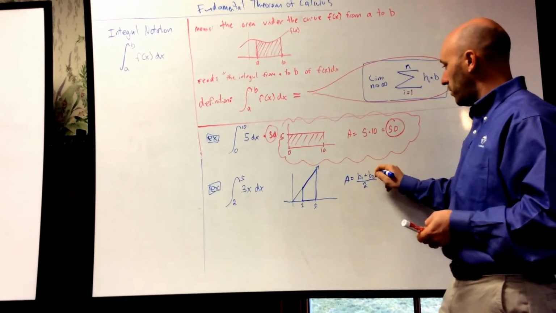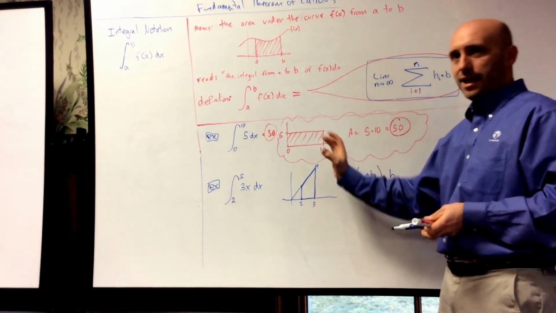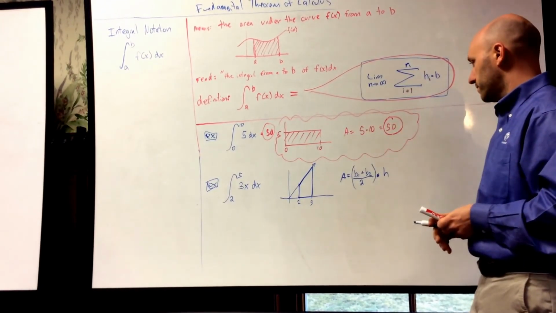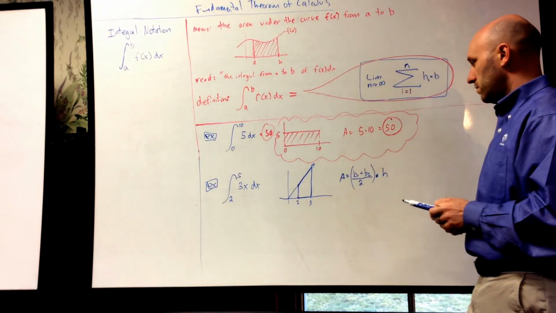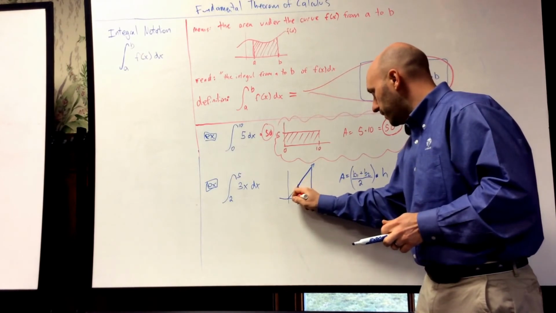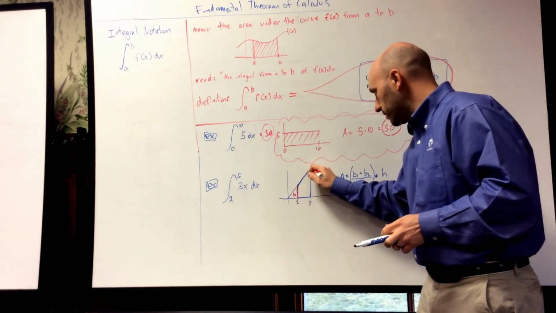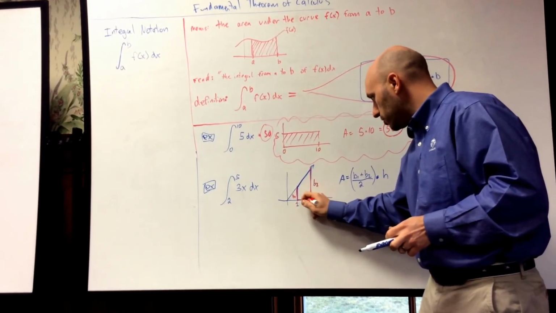Yeah. So this is the formula, but take note that our trapezoid is on its side. Oh, that's hard to remember then. So there's our b1 and b2, it doesn't matter which is which, and there's our h.